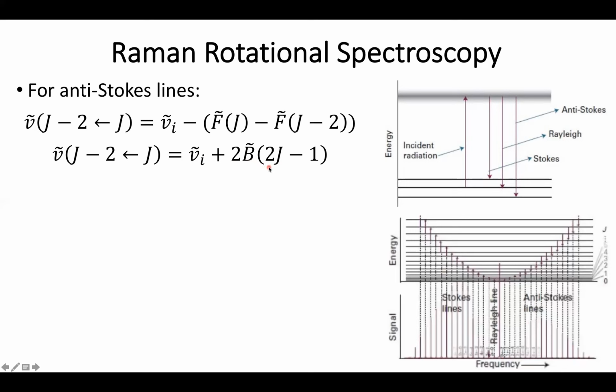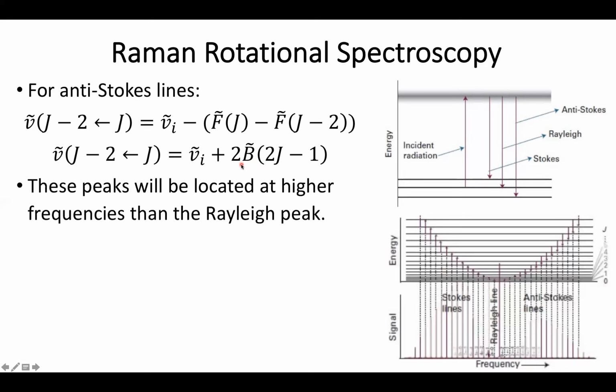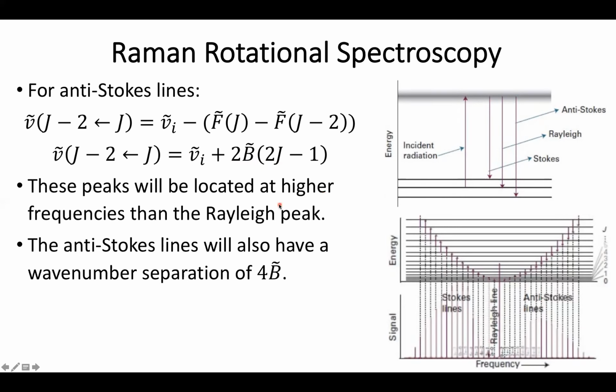But again, it is worth noting that they're going to be at a higher frequency, because there's more energy out of this system. And it is worth noting, though, that they are going to have the same exact line separation as our Stokes peaks of 4 times the rotational constant. Because again, we're still going from 0 to 2.